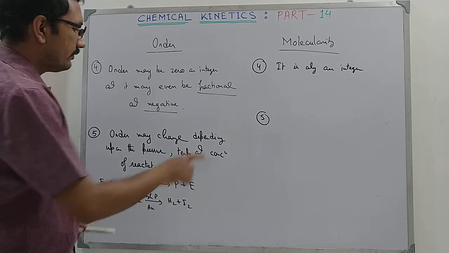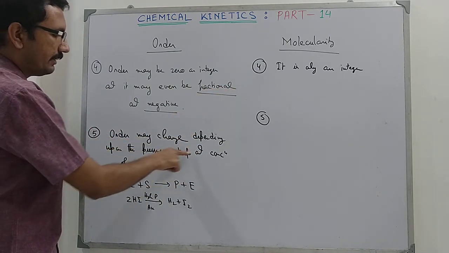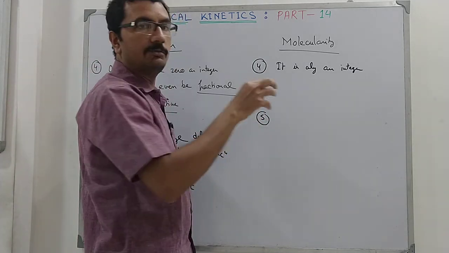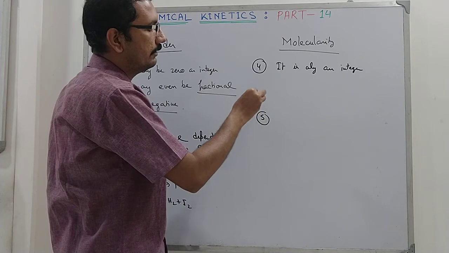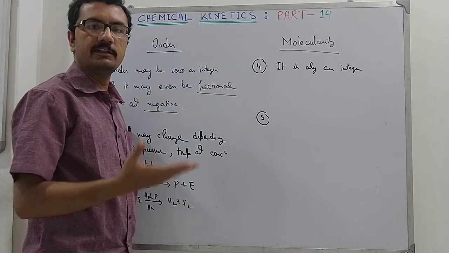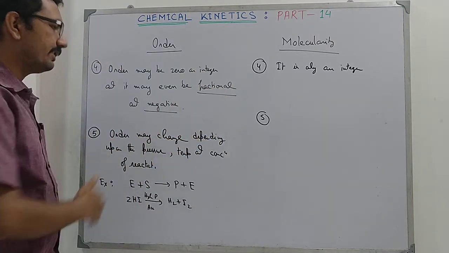Now molecularity, you cannot change by changing pressure, temperature and concentration of the reactant, since it is the number of reactant molecules that participate in a step of a reaction. That is the balanced equation, and the balanced equation is not controlled by pressure, temperature and concentration.